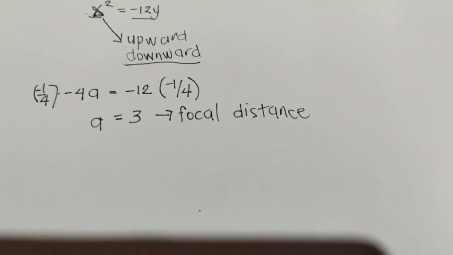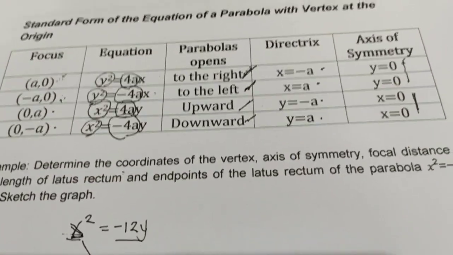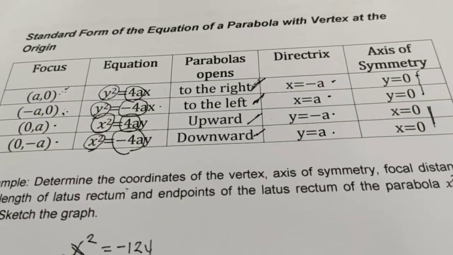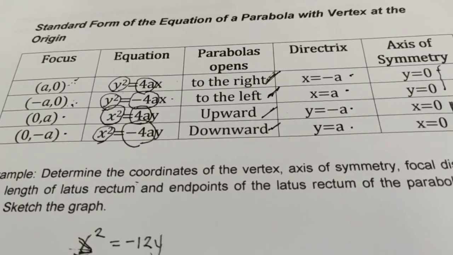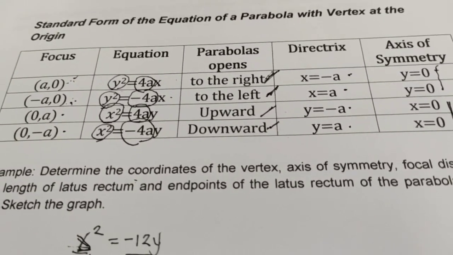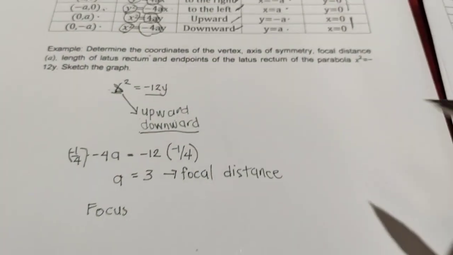From the table above, the focus of the parabola that opens downward is (0, negative a).